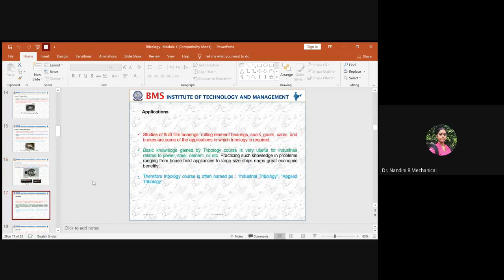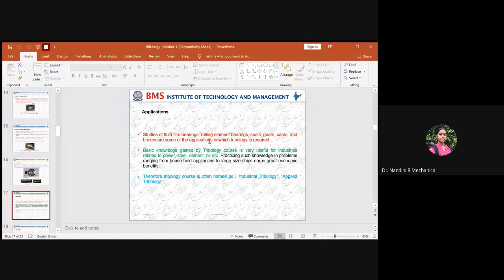Okay. So as a result, tribology has a large number of applications also. We are just focusing on the key areas: the study of fluid film bearings, rolling element bearings, seals, gears, cams and brakes.